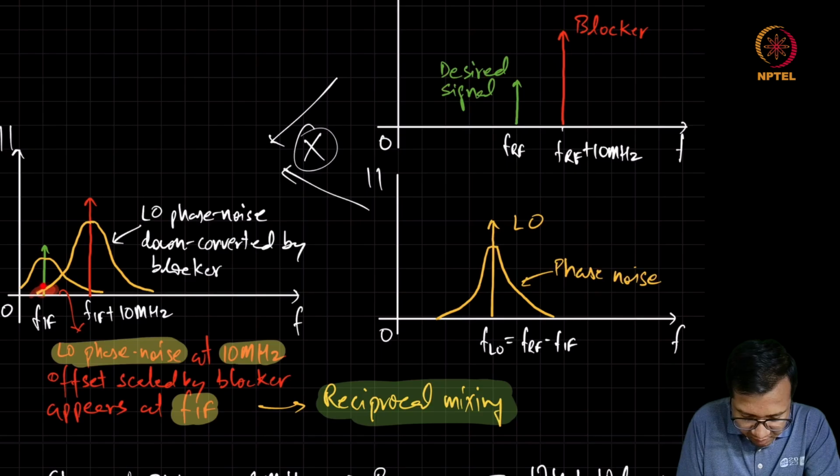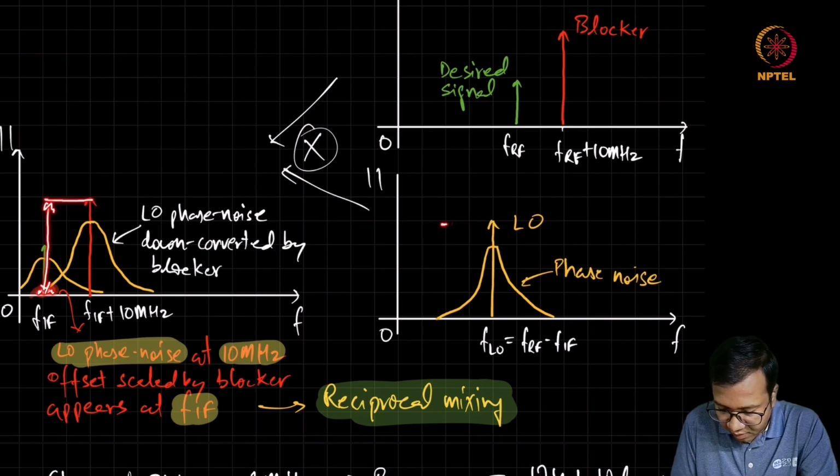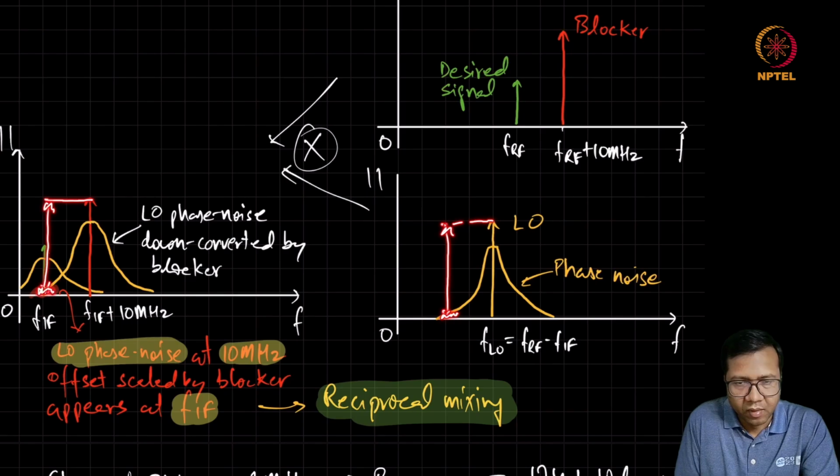We will see that the ratio of blocker power to the noise at this 10 megahertz offset will be the same as the ratio of LO power to the noise at 10 megahertz offset in the LO signal. And this ratio is what is given by the phase noise. So we will use the phase noise of the LO to find out the noise due to the reciprocal mixing.